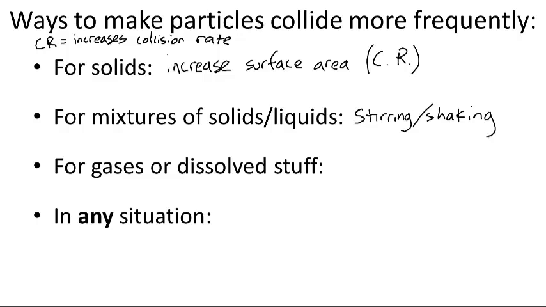If we have gases or dissolved things, increase the pressure, but for dissolved things, it's not pressure. Concentration, we can increase the concentration, which for a gas would result in increased partial pressure of the gas.